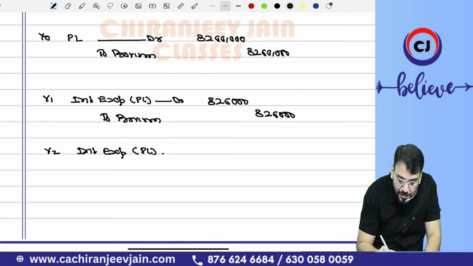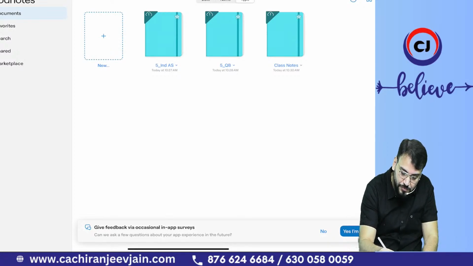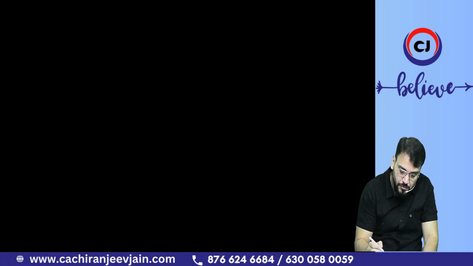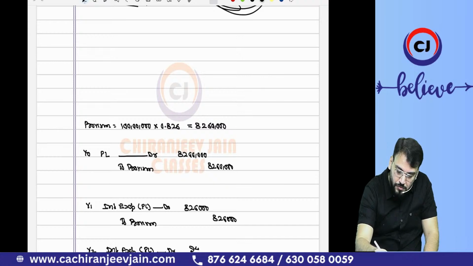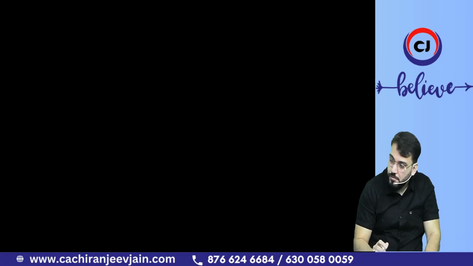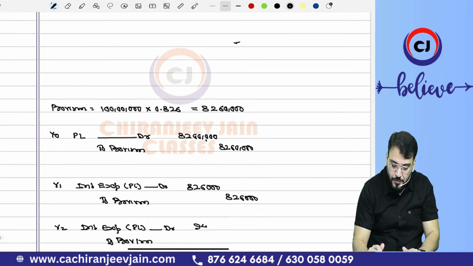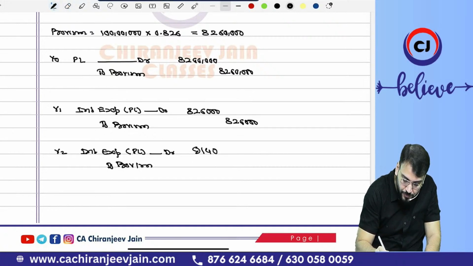The total amount should be 10 crore. So the balancing figure is 9 lakh 14,000.